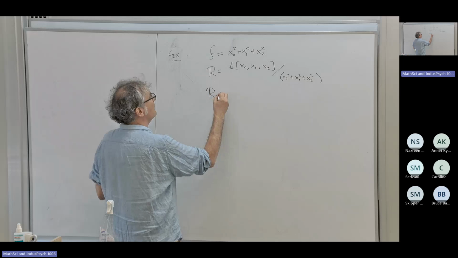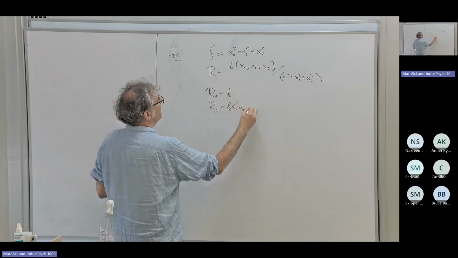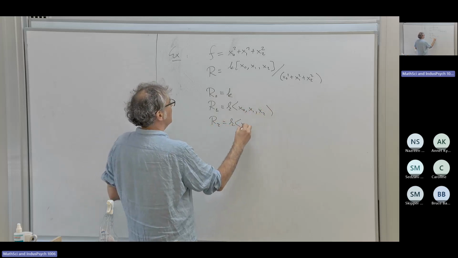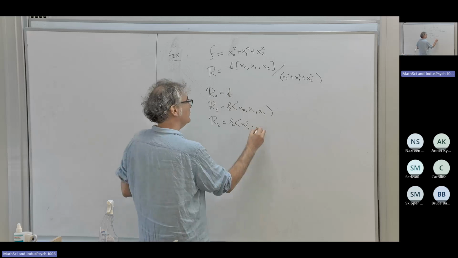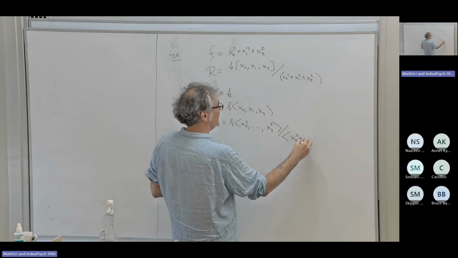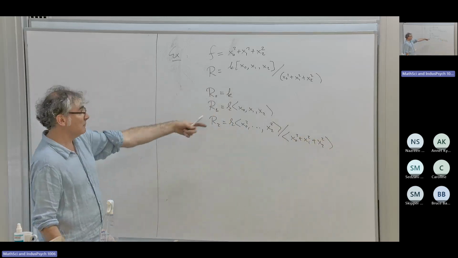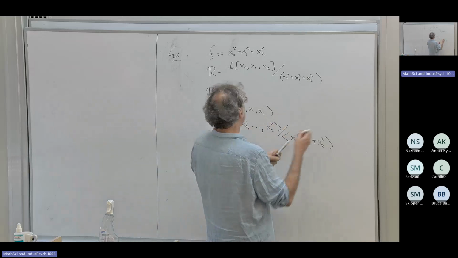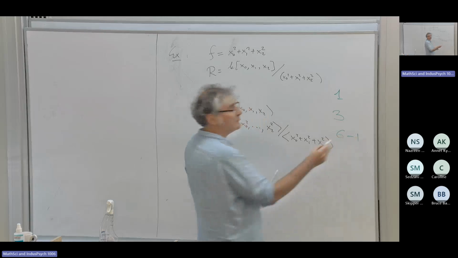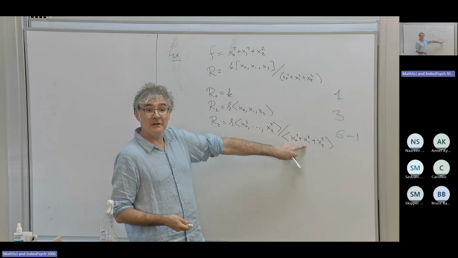So R_0 is k, R_1 is k-span of x0, x1, and x2. Then R_2 is k-span of x0 squared, etc., modulo x0 squared plus x1 squared plus x2 squared, as a vector space over k. So this is one-dimensional, this is three-dimensional, and this is 6 minus 1 dimensional, because we get the multiples of the constants multiplied by that.